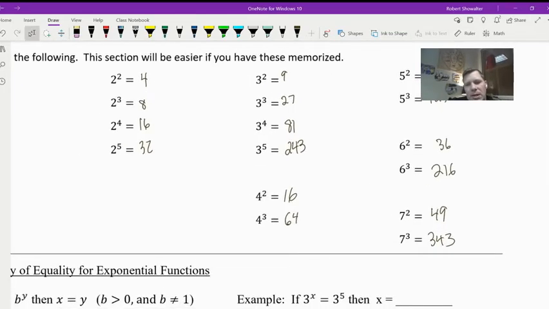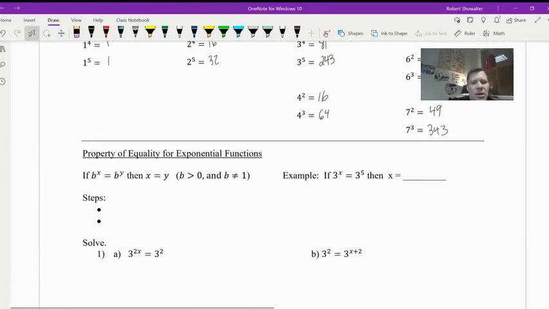For a little bit, just like you got a cheat sheet on the rules of the exponents. Okay, let's crank here. So we talked about, for these two things to be the same, x needs to equal y, meaning those two exponents need to be the same.